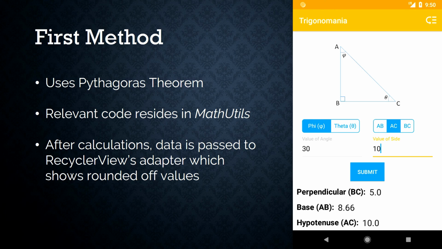The relevant code is in the MathUtils class, which you can look up through the GitHub link I will be providing shortly. After calculations, the data is passed to the RecyclerView adapter, which shows the rounded-off values, like you can see in the screenshot. The angle is 30, that is the phi angle, and side AC is given as 10. So the perpendicular BC is 5.0. All the respective values are shown.